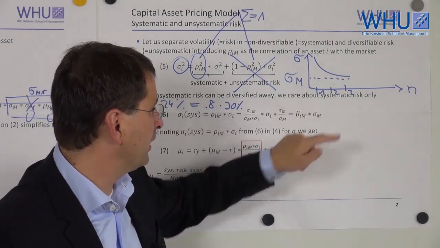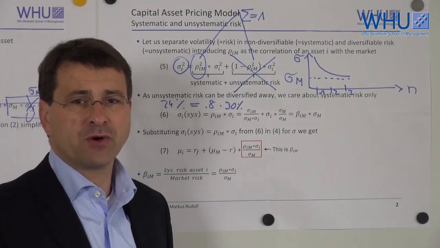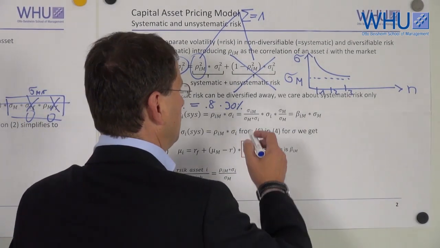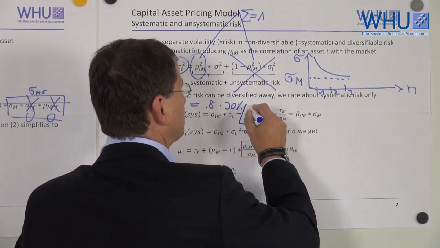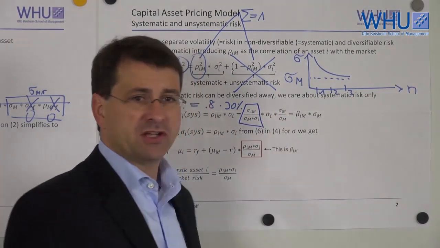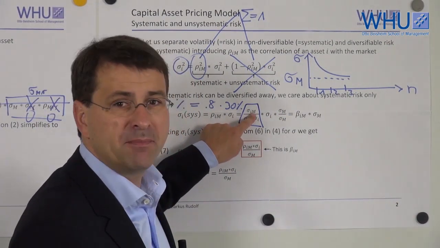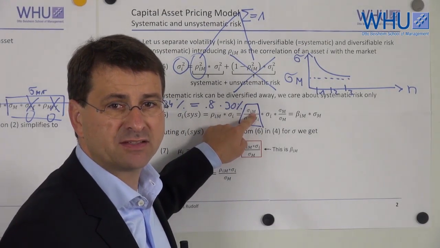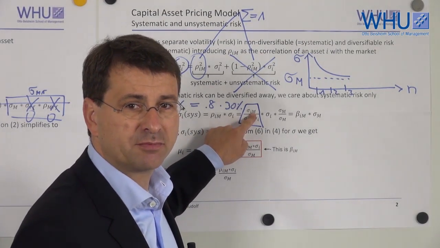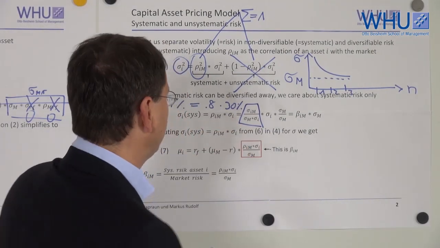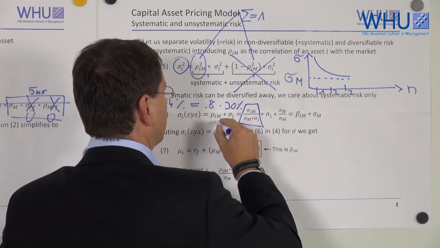And what I'm now doing is I'm simply rearranging the expressions a little bit. So for instance, what I'm doing here is I'm re-expressing the correlation coefficient in terms of the covariance. Sigma IM is the covariance between the asset I, which we are looking at, and the market portfolio, divided by the product of the two volatilities. That is exactly the same as the correlation coefficient.